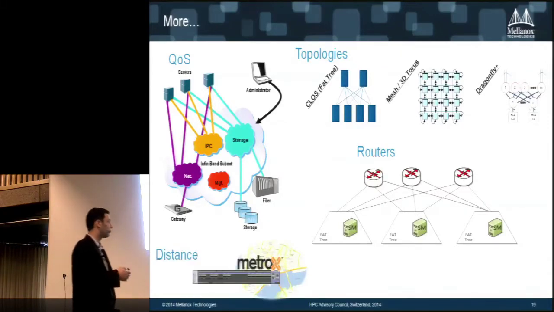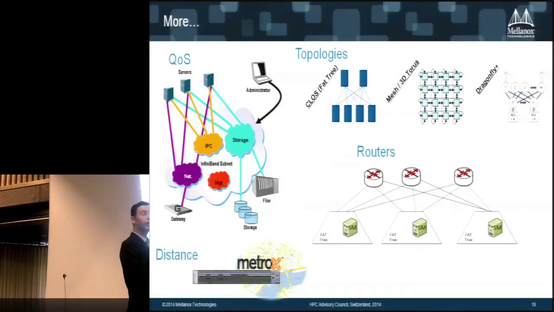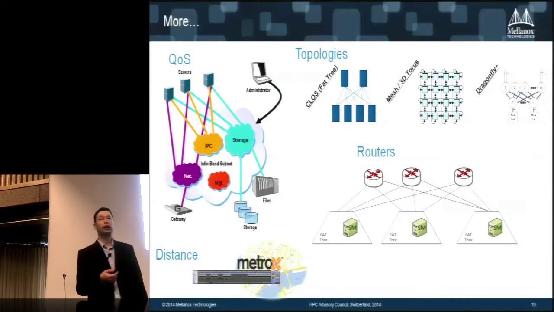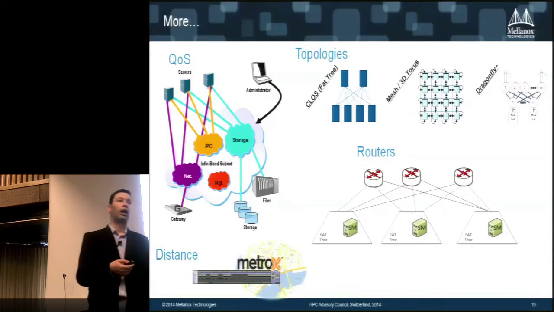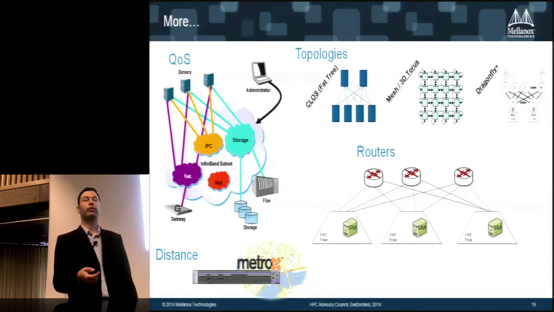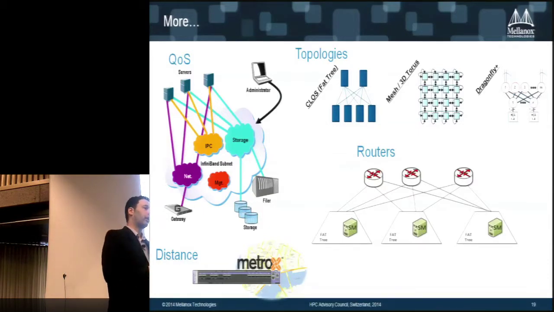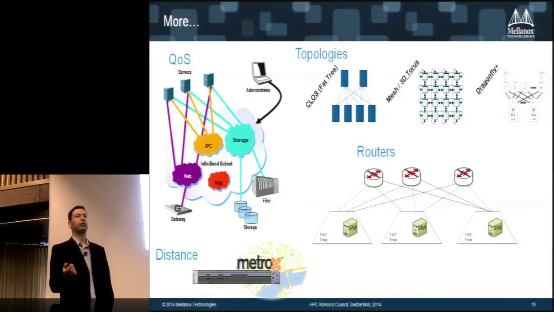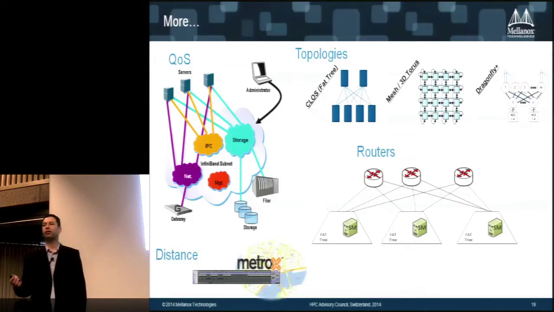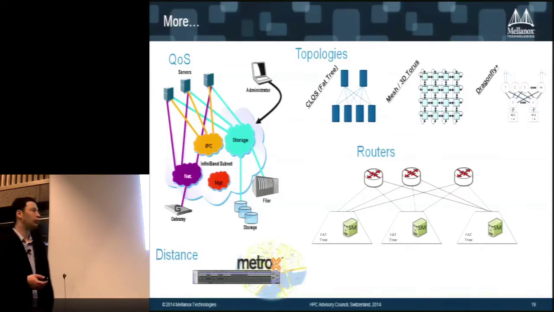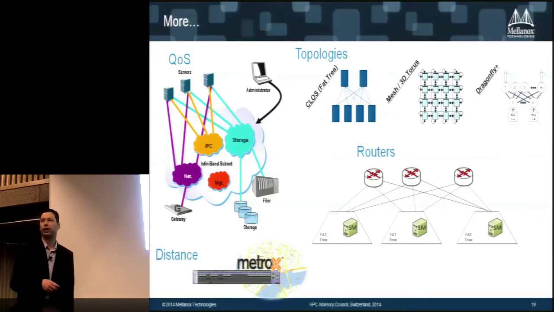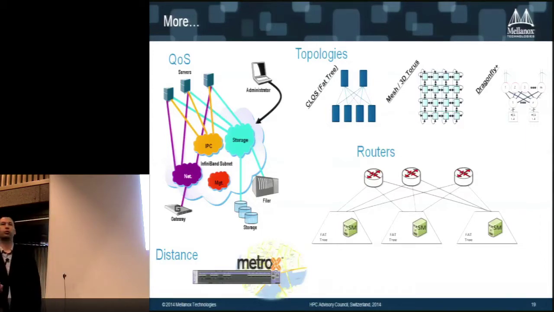And the last topic I wanted to bring here is about distance. So we have technologies that can go beyond a few meters in the data center. So you can scale your cluster between floors, between buildings, and even campus-wide. Could be building one cluster that can grow beyond a single room.